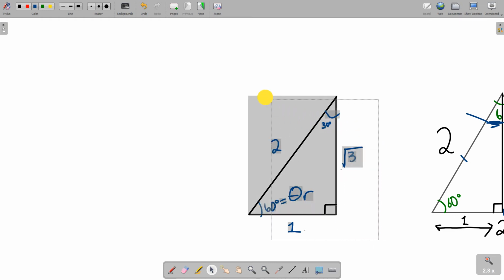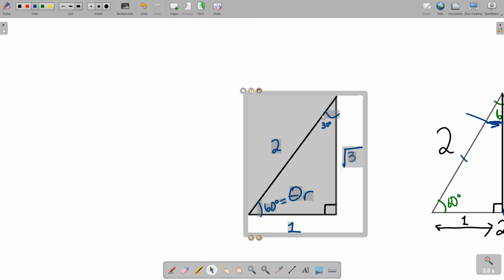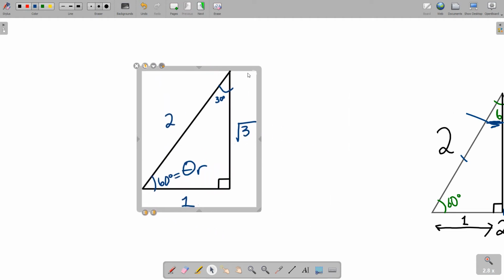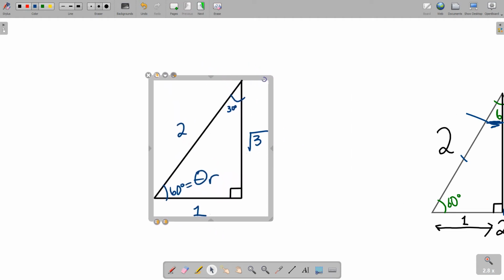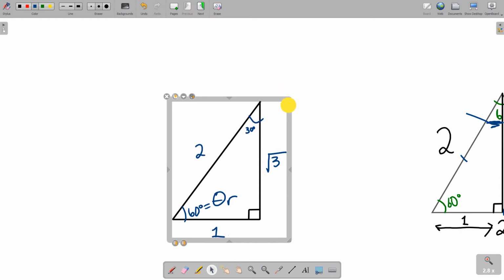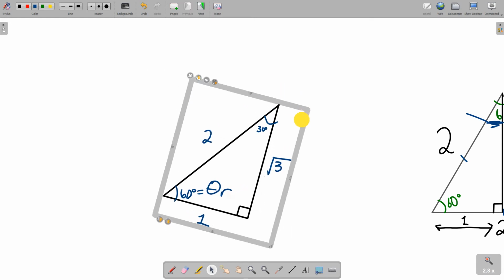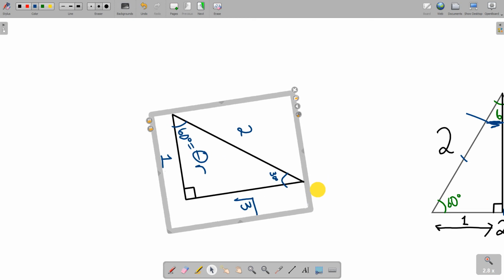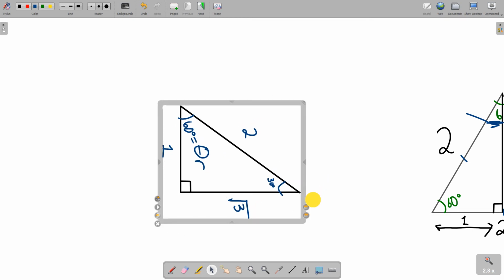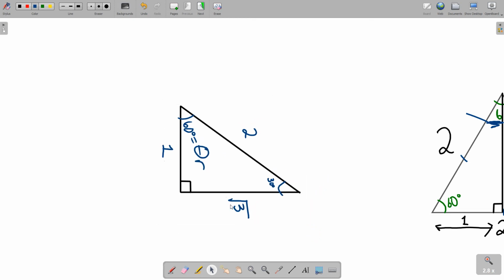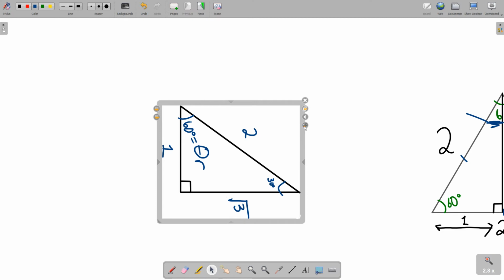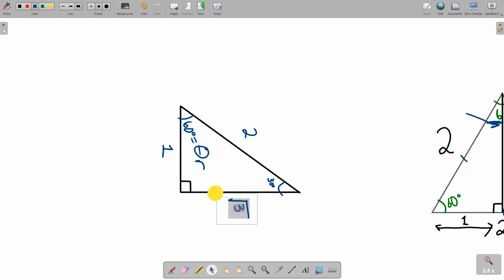Are you ready? Here it goes. I'm going to group this. Come on. All right. There we go. Whoa. Ungroup that. That is what I'm talking about.